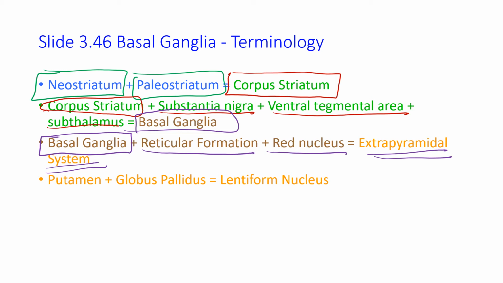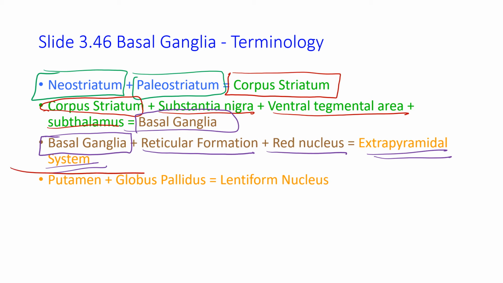And as you can see, this is a very, very extensive system. And this is why we as humans move in a reasonably coordinated fashion. We have a lot of structures that are controlling our motor systems.